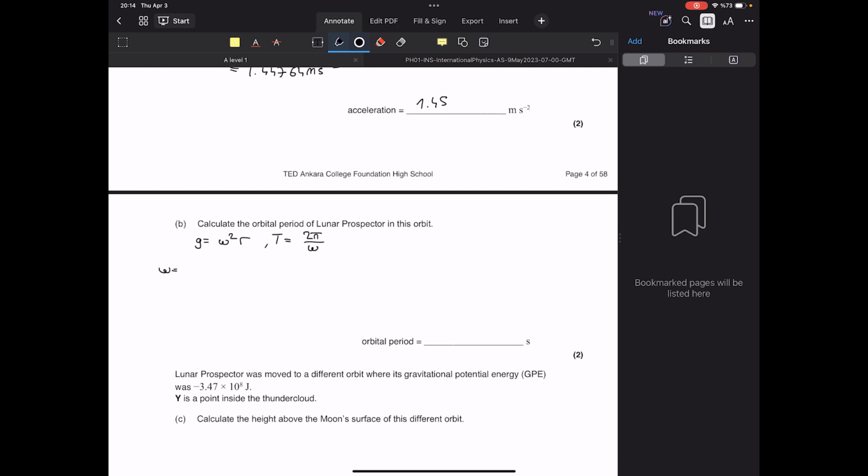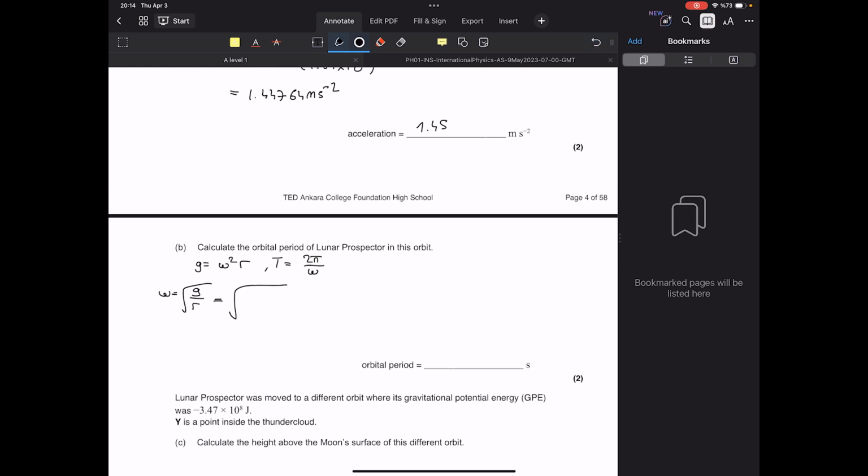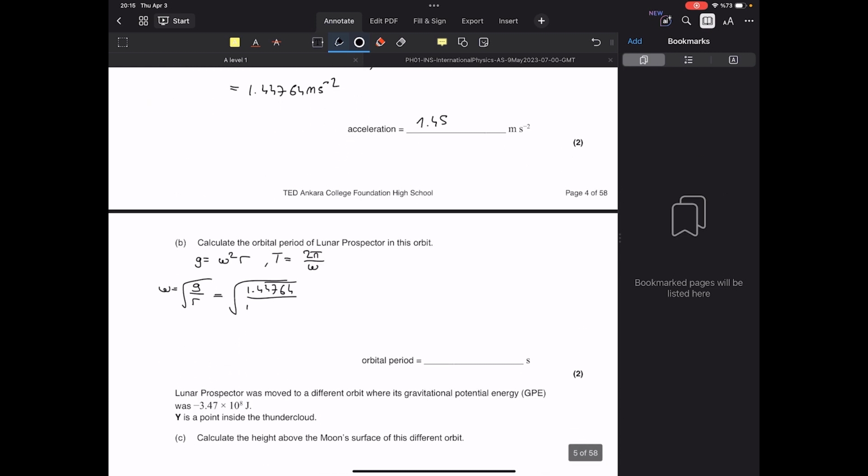So omega from this is simply the square root of g over r. That will be 1.447464, divided by the radius, which is 1.84 times 10 to the 6, square rooted. That's pretty slow.